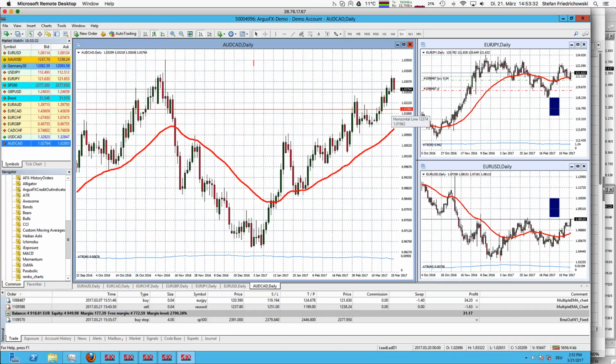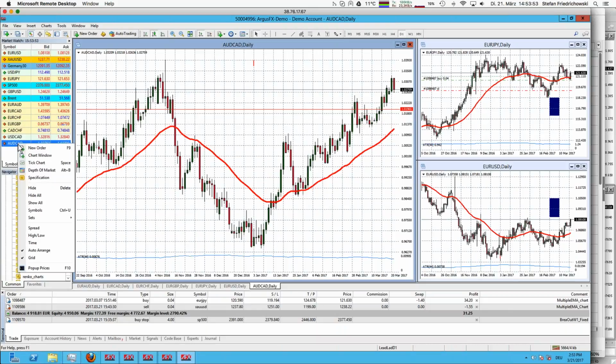And now the question is, what kind of swap rates do we have for that trade? Because if I want the stop loss to be farther away, then the take profit will be farther away as well. So it would be a long-lasting trade, and therefore it's a question of swaps as well.